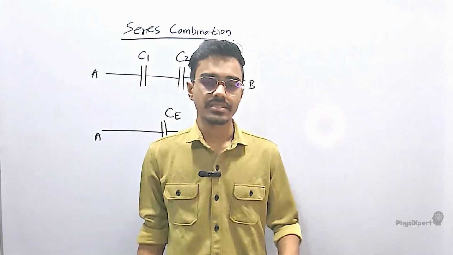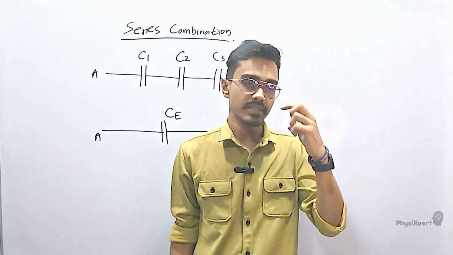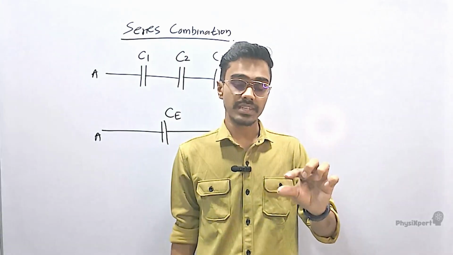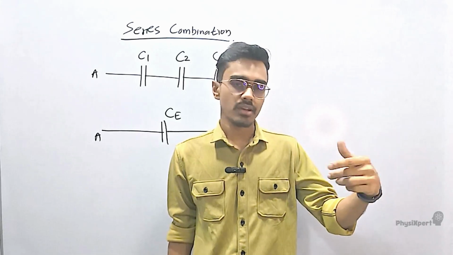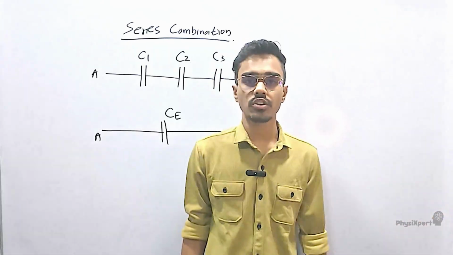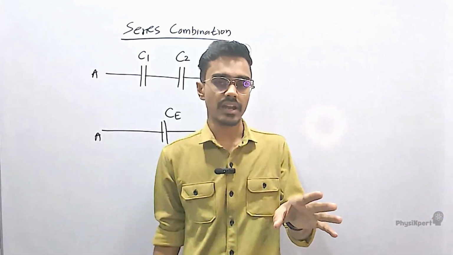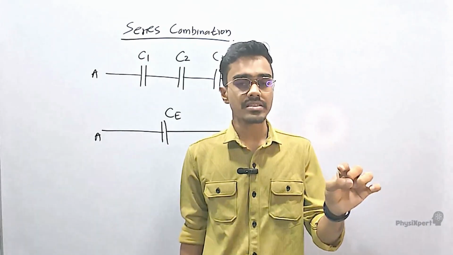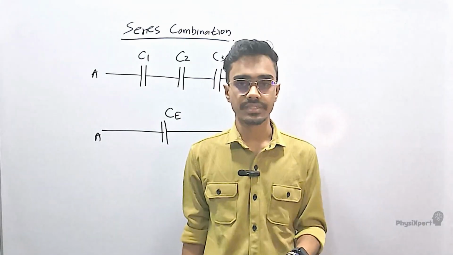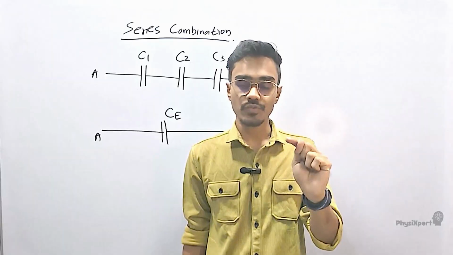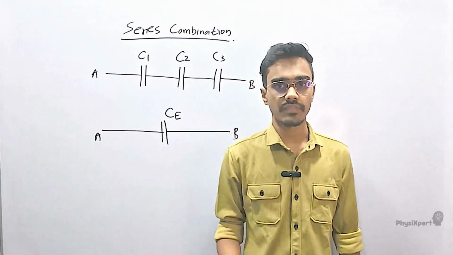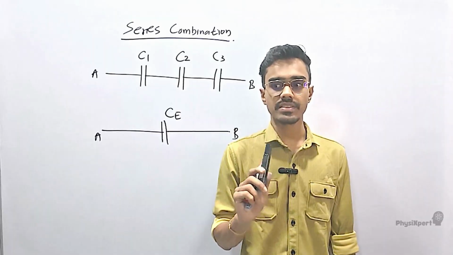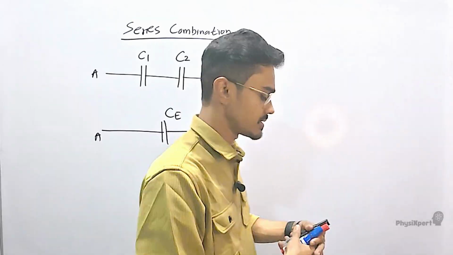Stored charge in a capacitor is very similar to current flow in resistors. If there are no junctions, current is not divided. Similarly, if there are no junctions, flowing charge is also not divided. So the same charge will be stored in each capacitor in a series combination. A very important point.